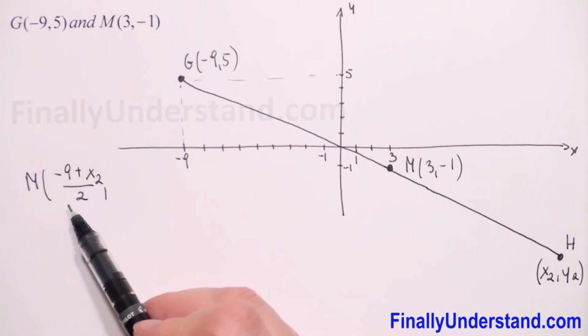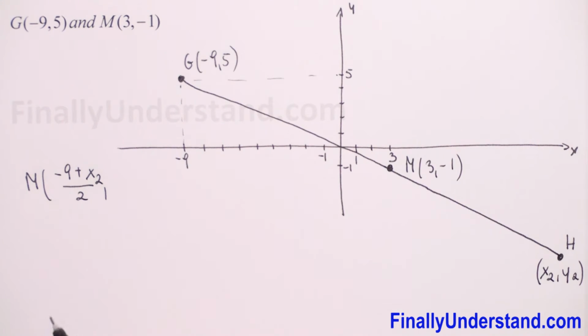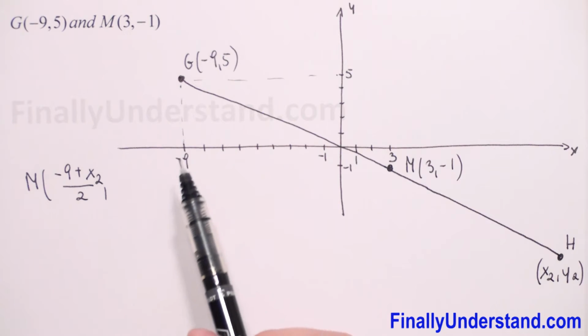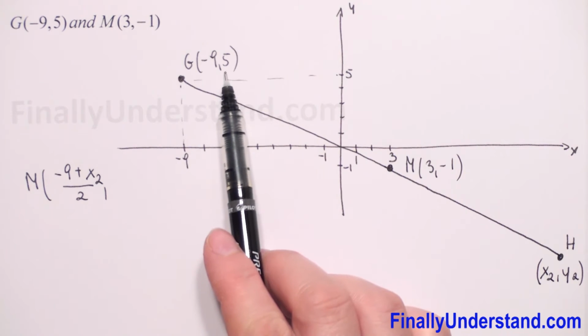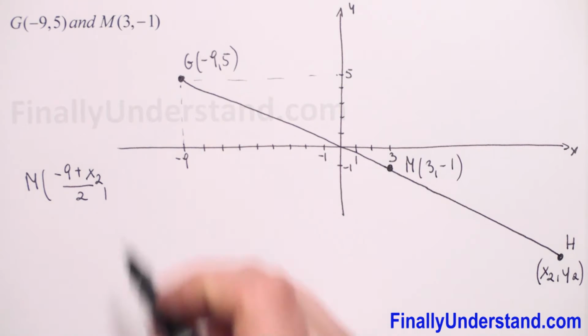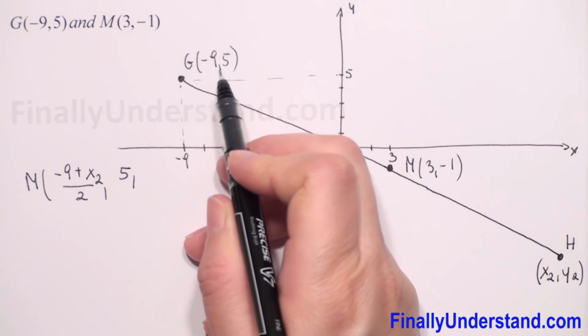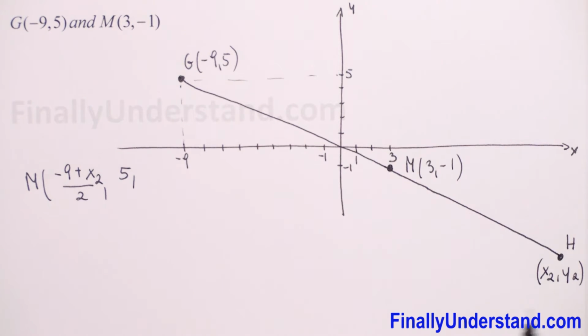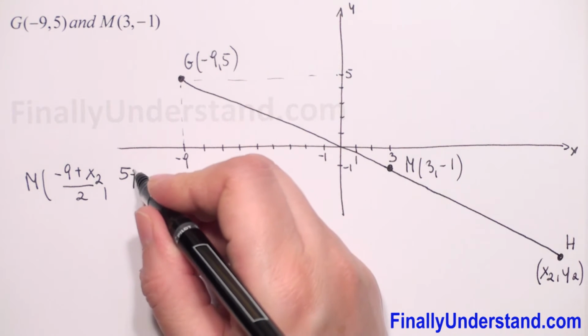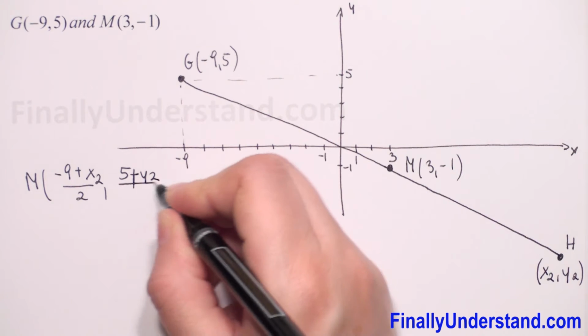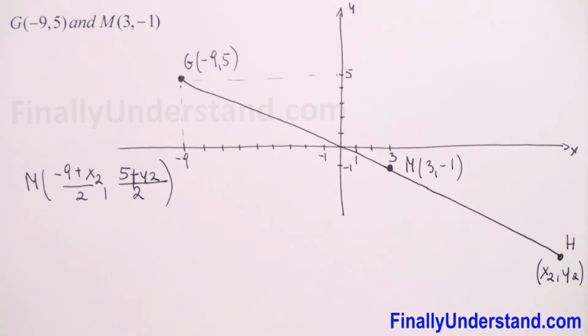This is the first coordinate of the midpoint, and for the second coordinate we have to add the second coordinates of the endpoints. So this is 5 for our G point and y2, and we have to divide by 2 again.